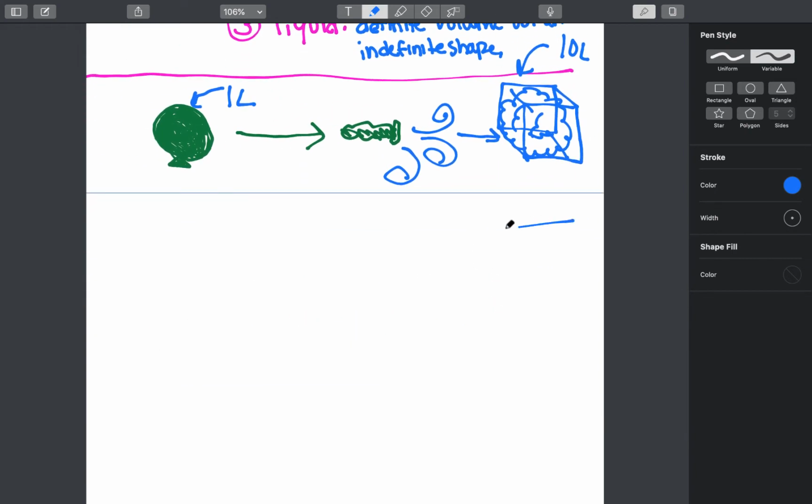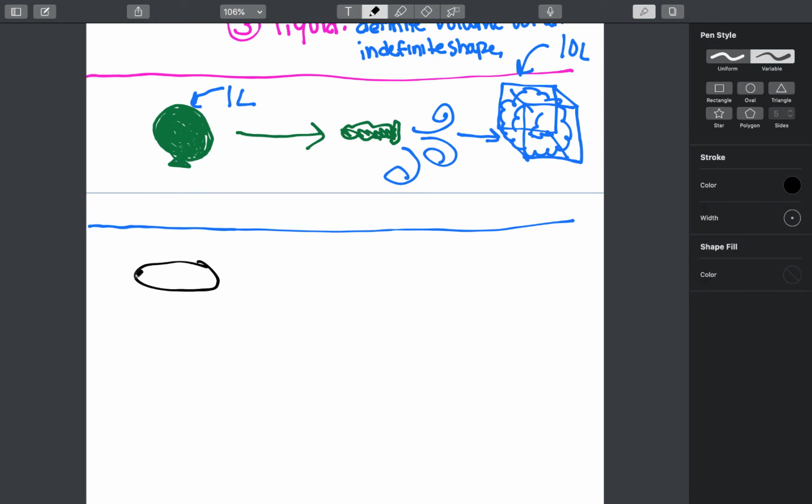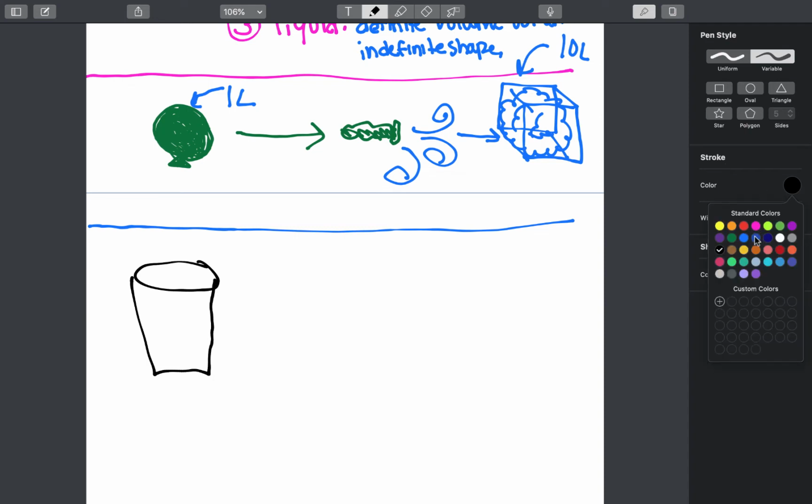So a definite volume but an indefinite shape. So let's change the color here. And let's just imagine we have a cup of water. So let's just say this cup is around half full.